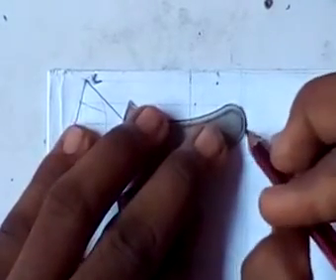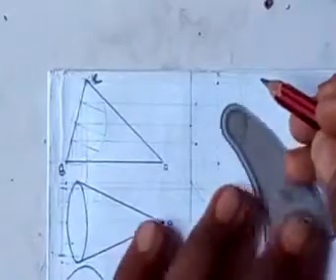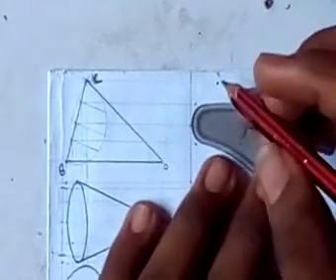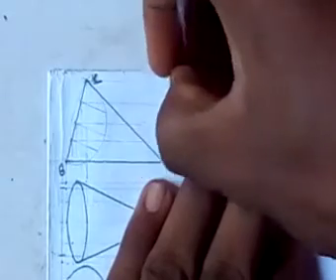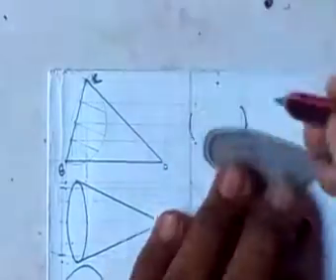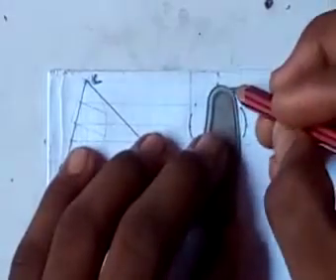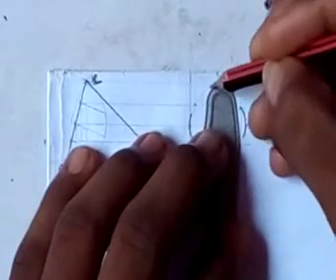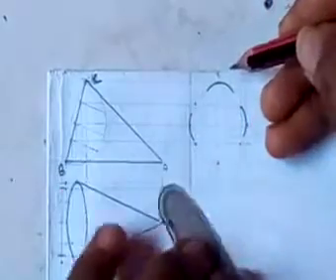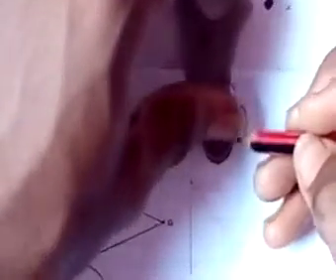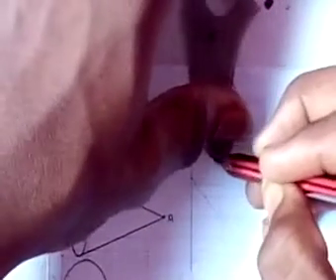I'll draw it in bits. You have to draw it little by little so as to get the correct curve. Okay. When I'm done with this, I can now trace the remaining ones with my hand. Those ones won't be so curvy.